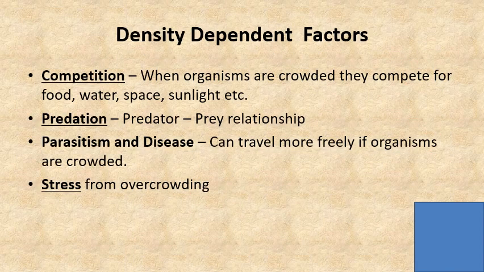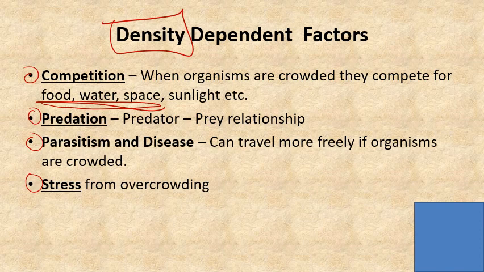So, we look at those density dependent factors. These things, the competition, predation, parasites, stress, a dense population will be affected by these more. If there are more individuals in an area, it becomes crowded. They're competing for the available resources. If you're a predator, you're going to go for the thing that is most dense, the easiest to find.